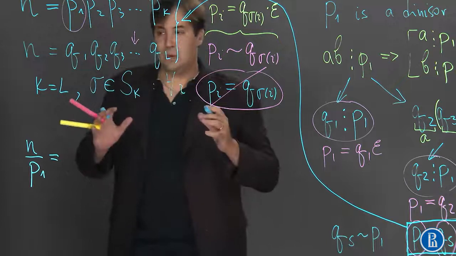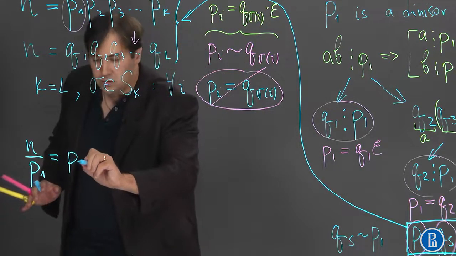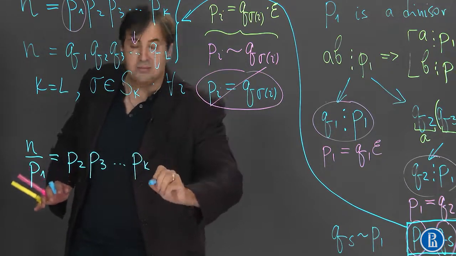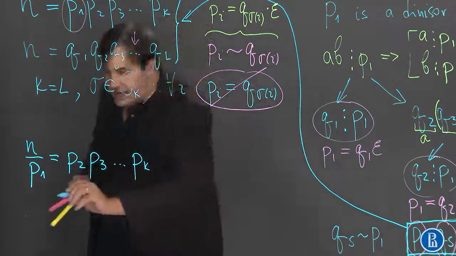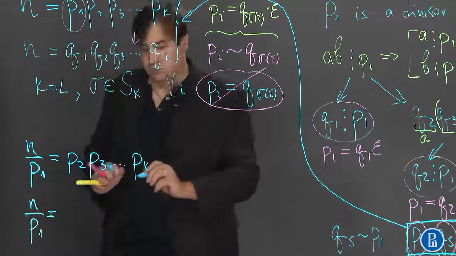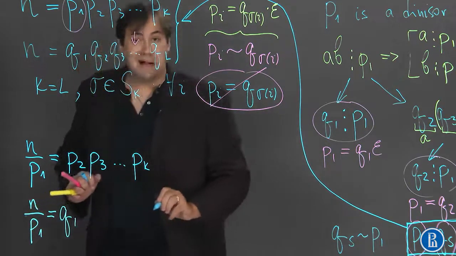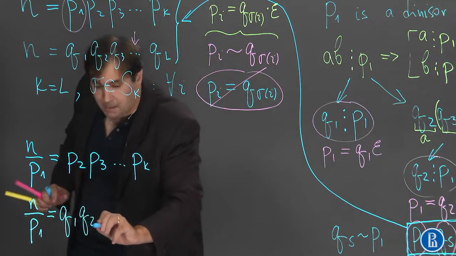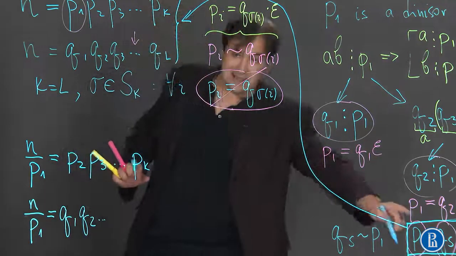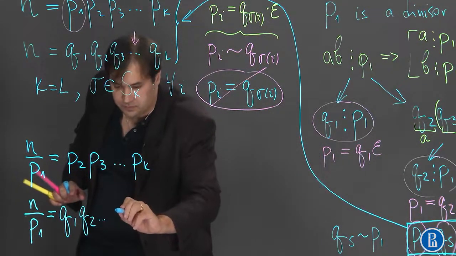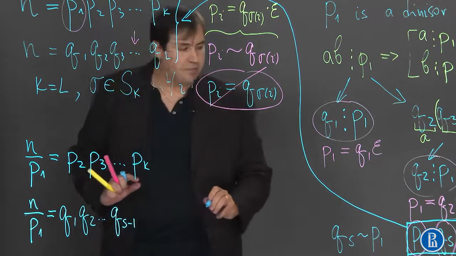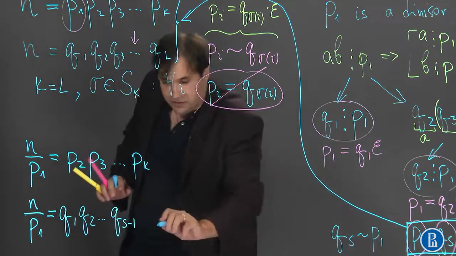And on one hand, it is equal to P2 multiplied by P3 multiplied by, and so on, multiplied by Pk. On the second hand, n divided by P1 is equal to Q1 multiplied by Q2 multiplied by, and so on, until we get to Qs, where we have Qs minus 1, and we have Qs over here.